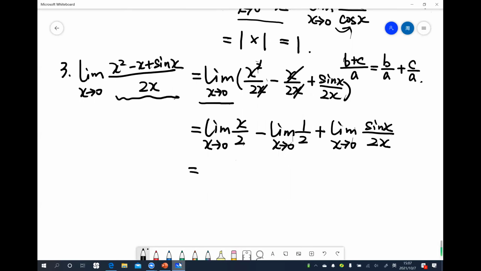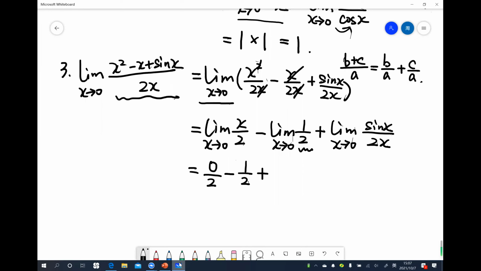As x approaches 0, the first equals 0 over 2, and minus 1 by 2 is a constant, so that equals 1 by 2.